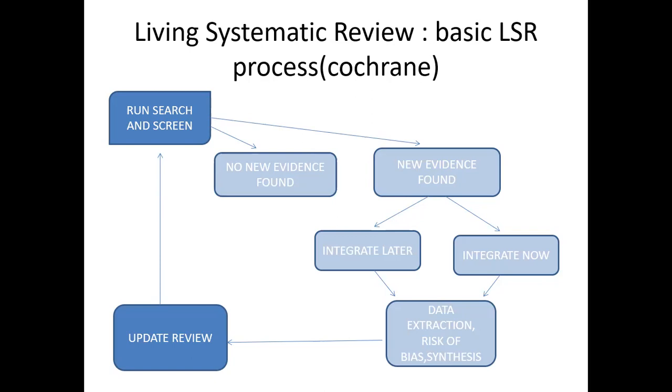But if you get new evidence, you integrate later or you integrate now. If the evidence that you get can change the course of treatment, or is very important for the management of patients, for example, then immediately you get that evidence, you do the data extraction, the risk of bias, then you do the synthesis, then you update your review. Continue.